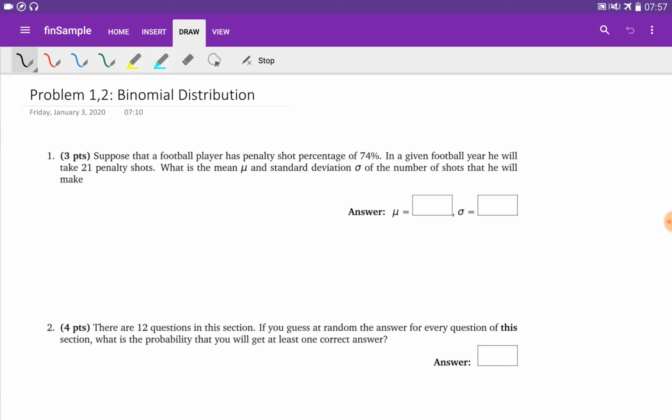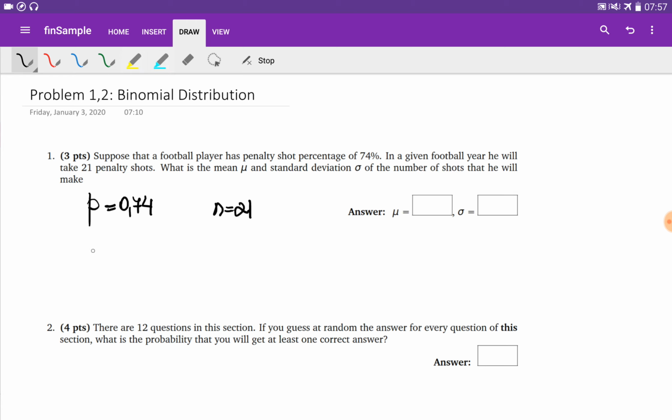In order to do this, we need to write down this problem as a binomial distribution. The probability of success in each trial, so the probability that he will score a goal on every penalty, is equal to 0.74. He's going to make 21 trials, right? n is equal to 21.